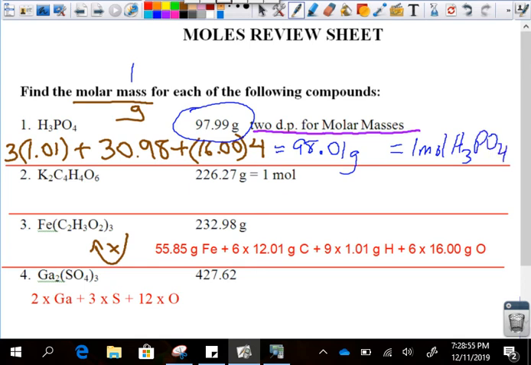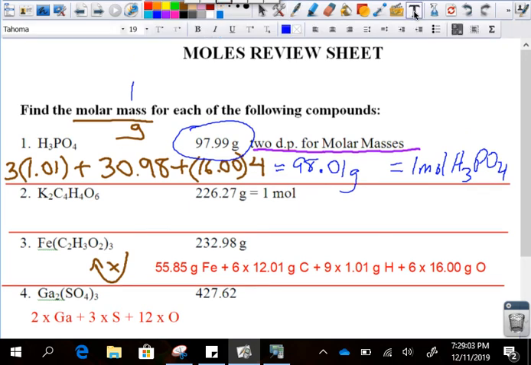Cool. The next one's not worked out, so I guess I'm going to have to work it out. I am going to go to the periodic table a whole lot, and to save you all the horribleness that is my handwriting with the Promethean pen, I'm going to type it. So we have 2 potassiums, that is 2 times 39.10. And then I'm going to add that to the 4 carbons, well 4 times 12.01.